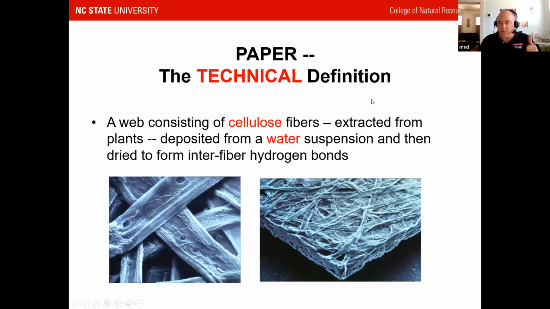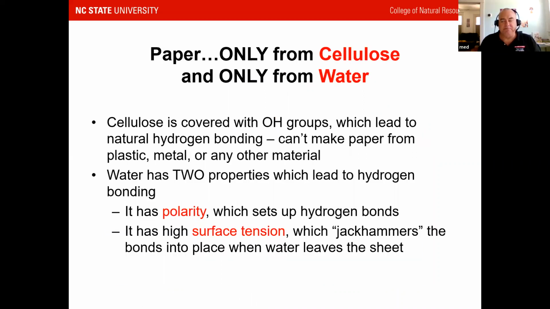Now, let me reinforce this. Paper was meant to be because it uses the two hugely abundant materials in our natural world, cellulose and water. Cellulose is a polymer covered with OH groups, which lead to natural hydrogen bonding, right? So some people say, can we make paper out of plastic or metal or ceramics?